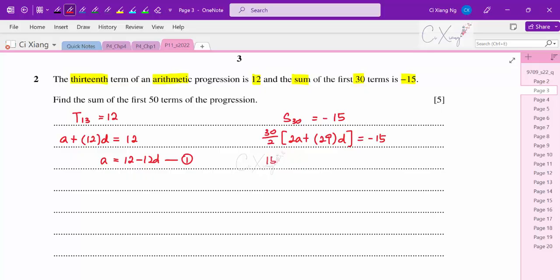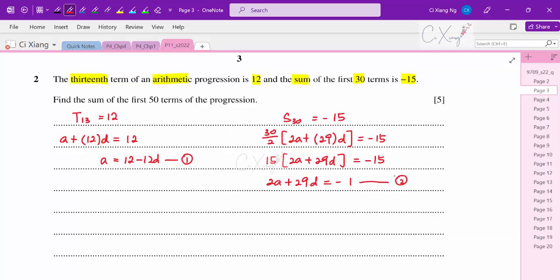I would like to simplify this before I solve these two equations simultaneously to get the values of a and d. If I continue further from here, I will get 2a plus 29d equals to negative 1. I will make this the second equation.